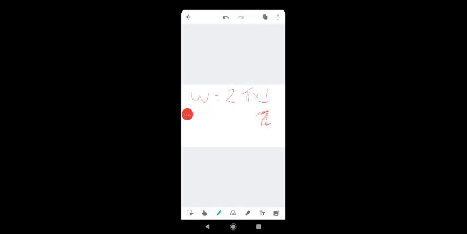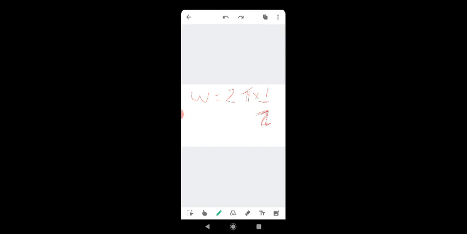So what is omega? Omega is the frequency of the periodic function, and tau is the time period of the periodic function. If you are having a periodic function like a square wave, tau is the time period of this square wave, and omega is the frequency of the periodic function.